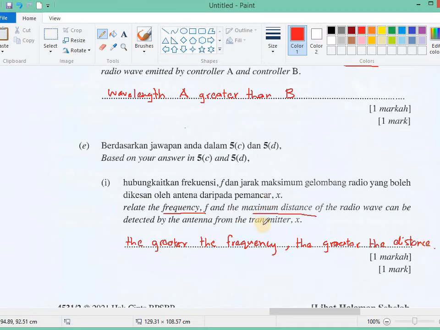Just like that. Important, you have to write the physical quantities that you are relating. The physical quantity is frequency and the distance, maximum distance also can. And then you have to write the word that shows whether it is greater, higher, bigger, smaller, more than, less than, all that.